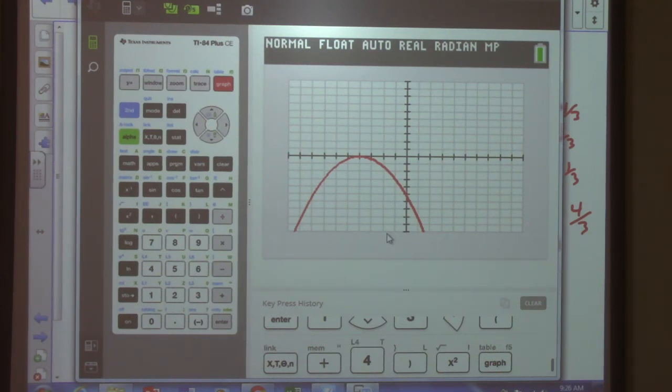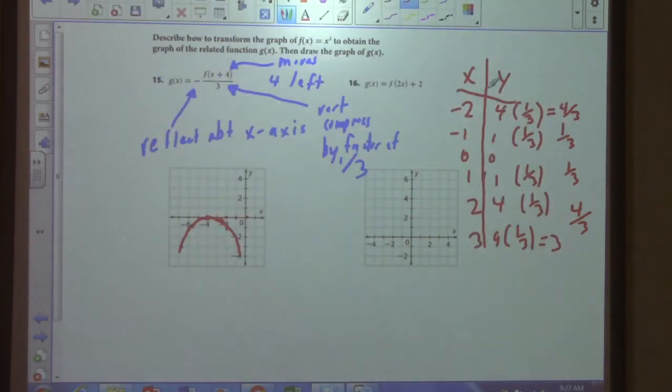Zoom 6 takes you back to the standard setting. Years ago, I made a DVD called Using the Graphing Calculator, Everything You Need, Nothing You Don't. It had lessons on all this. Was that helpful? Yeah.